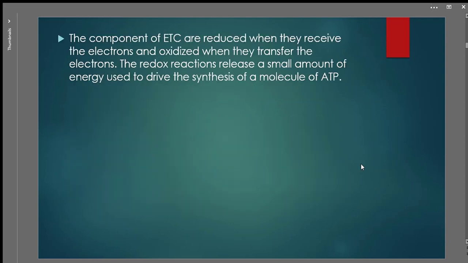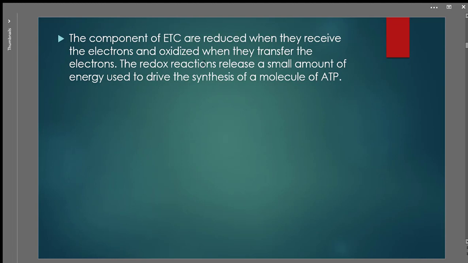I want you to understand that there are key terms you need to know in the electron transport chain: the gain and the loss of electrons and hydrogen atoms. The components of the electron transport chain are reduced when they receive the electrons, or hydrogen atoms, and oxidized when they transfer the electrons or the hydrogen atoms.